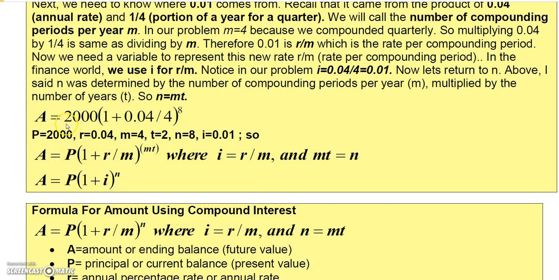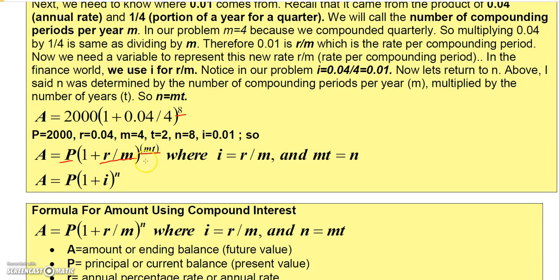The 2,000 is just the principal. Then I'm multiplying that by 1 plus the 0.01, which is just the annual rate divided by m, the number of compounding periods per year. And the exponent here, 8, was just m times t, where m is the number of compounding periods per year and t is the number of years.